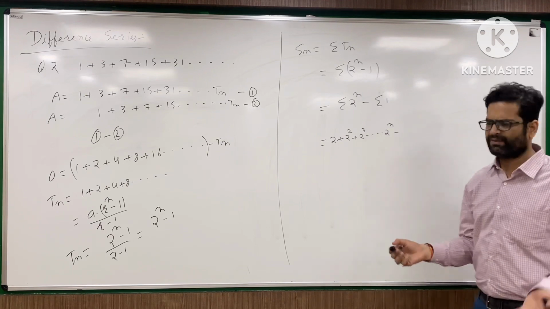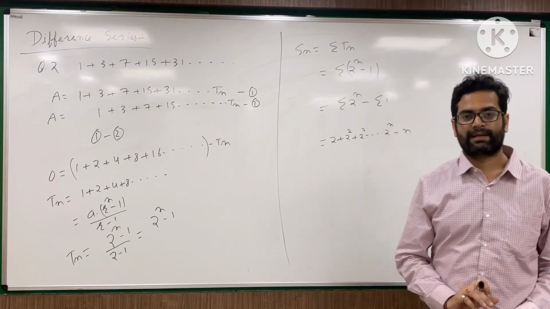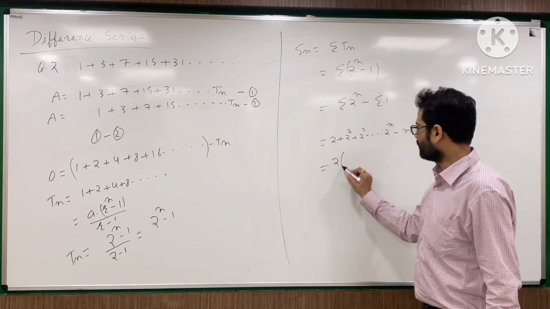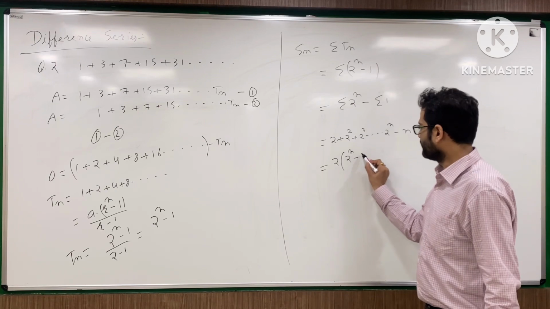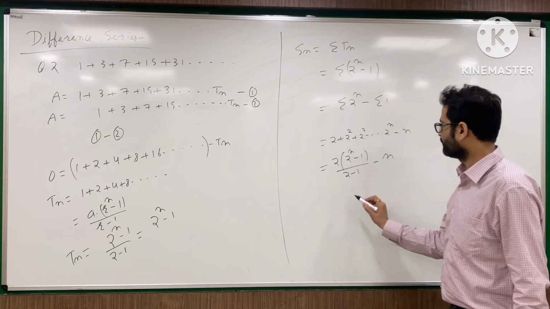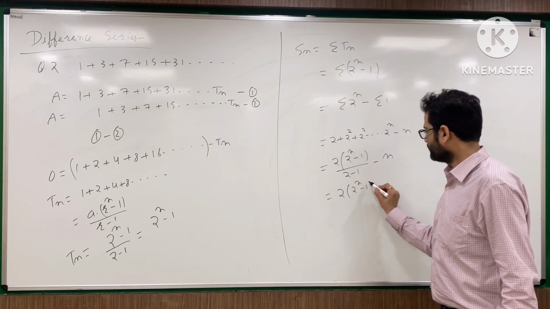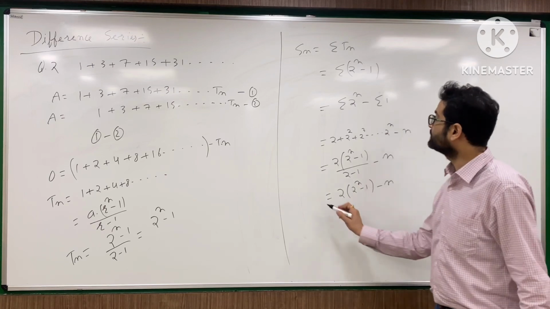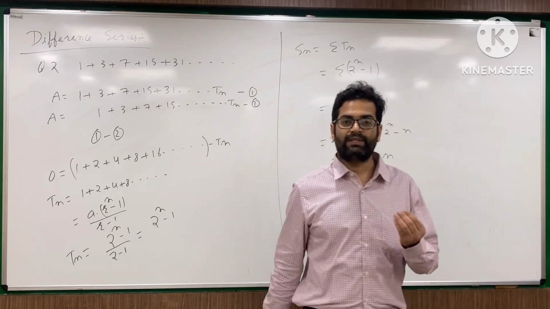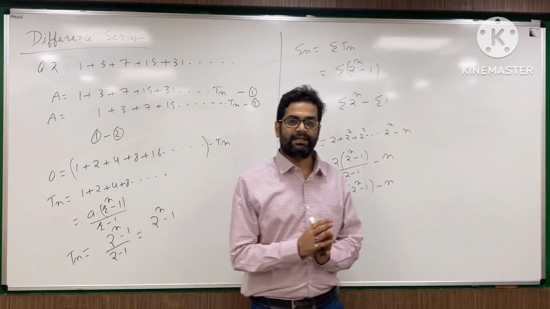And summation of 1 we all know is n. This is also a GP. So we find the sum of GP is A into r to the power n minus 1 upon r minus 1, minus n. So we get 2 into 2 to the power n minus 1, minus n. This is the answer of this series. So this is the way to solve the different series, and this is the different series.